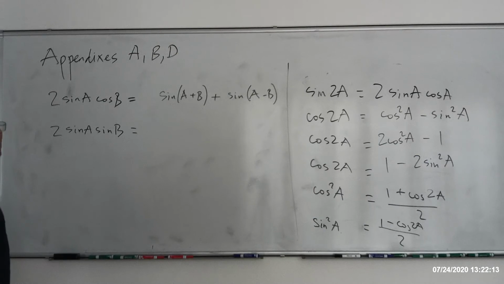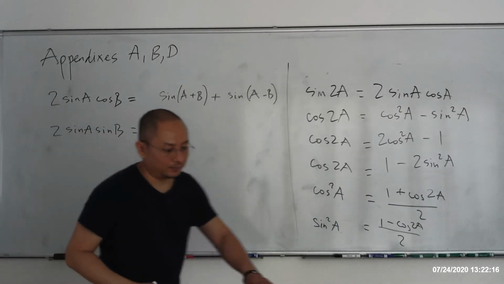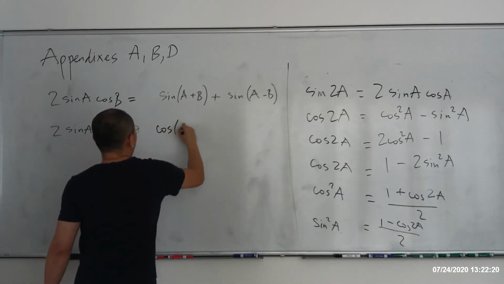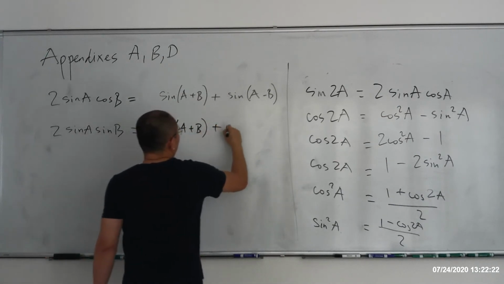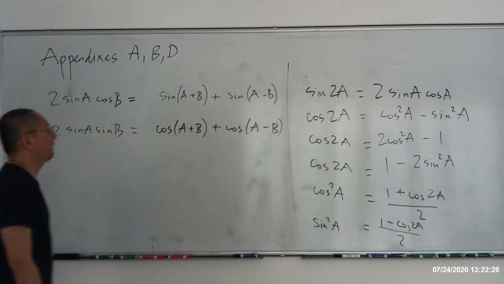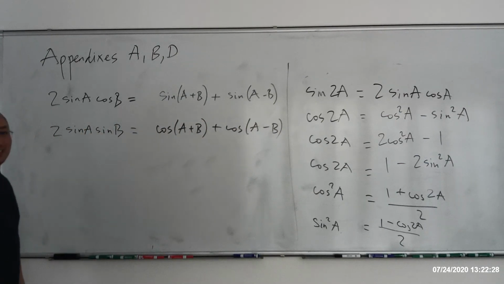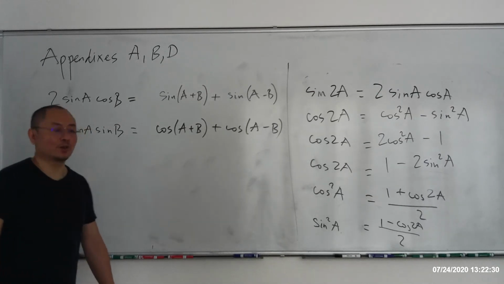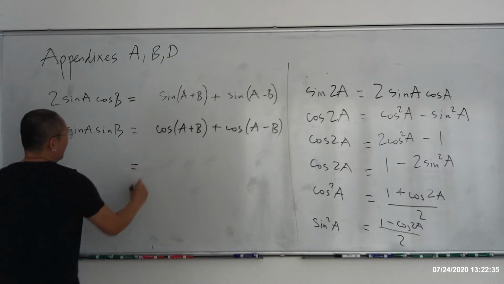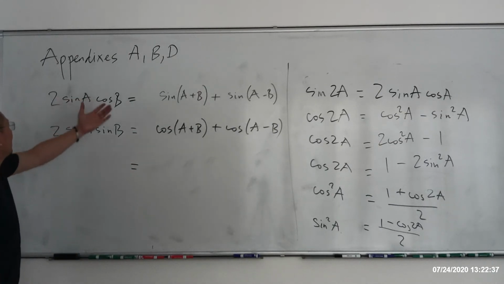Sine A plus sine B is cosine. So cosine of A plus B plus cosine of A minus B. This is how I used to say it: co plus co is equal to 2 sine. Right? And it's short. Then the last one is going to be sine cosine.